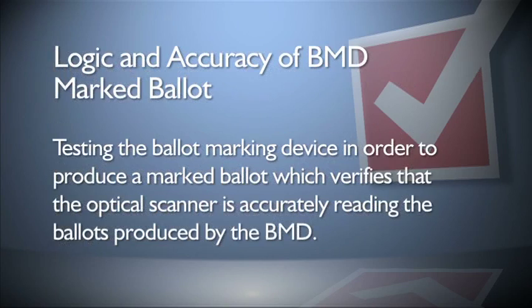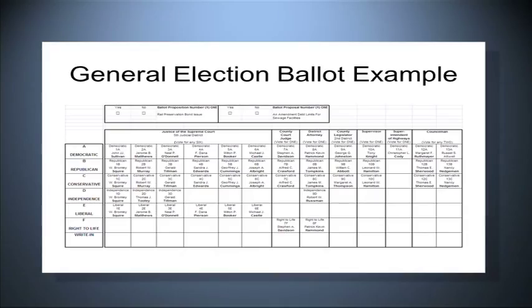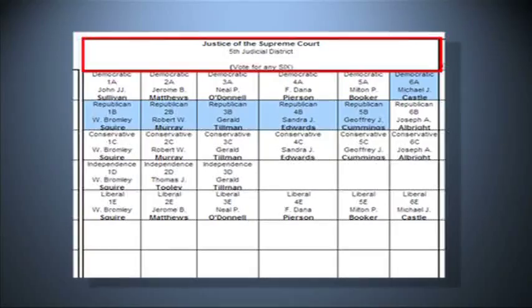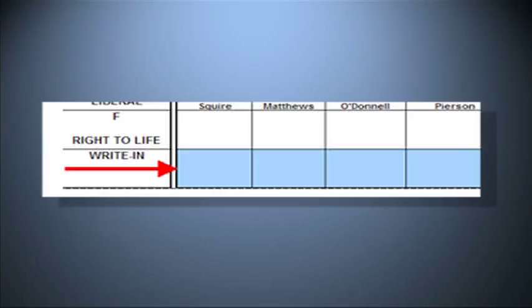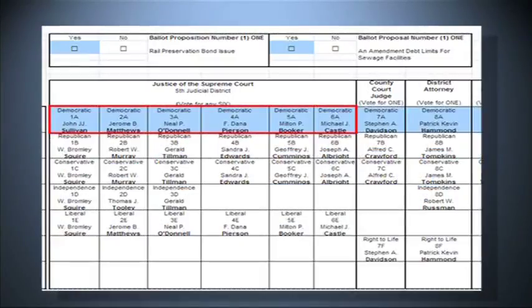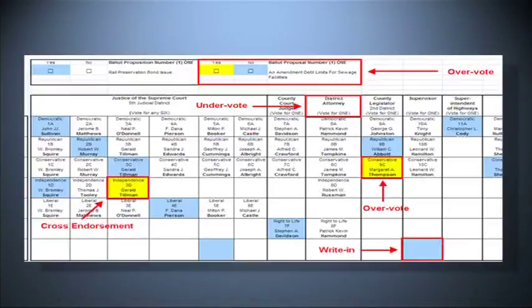Logic and accuracy of BMD marked ballot. This term defines the testing of the ballot marking device in order to produce a marked ballot which verifies that the optical scanner is accurately reading the ballots produced by the BMD. Determined number of valid votes for each candidate, each write-in position, and each voting option on every proposal that appears on the ballot as certified by the county board.